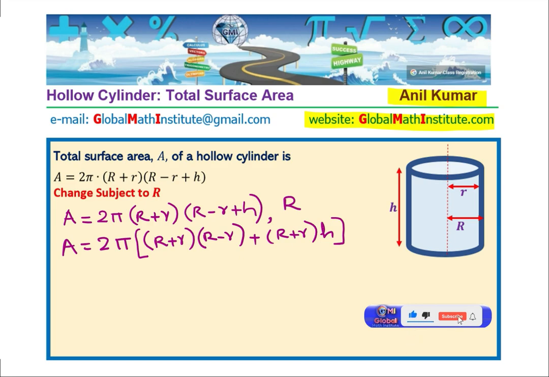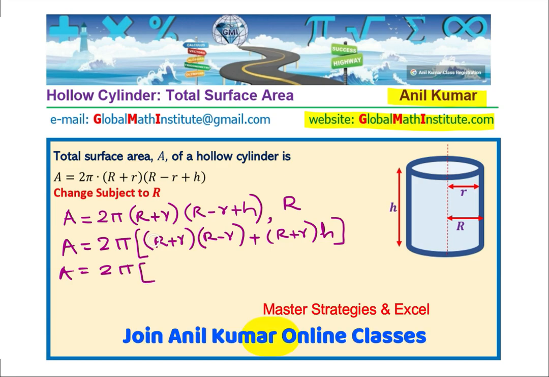Perfect. So this gives A equals 2 pi, and now the product of (R plus r) times (R minus r) will be R square minus r square. And here we get capital R h plus small r h.